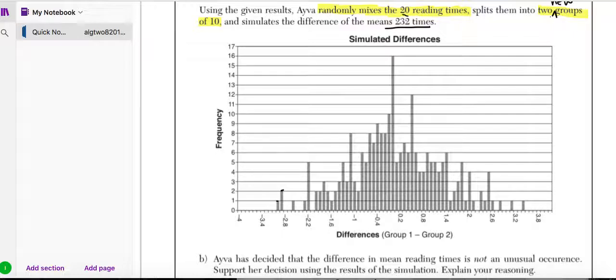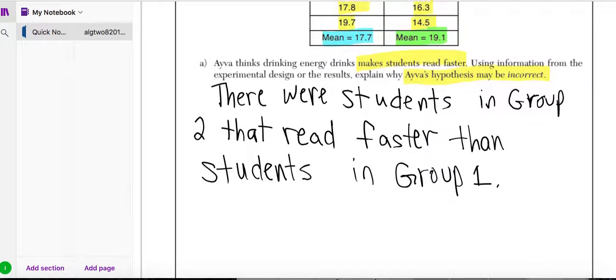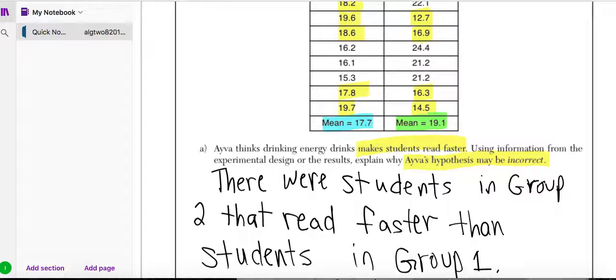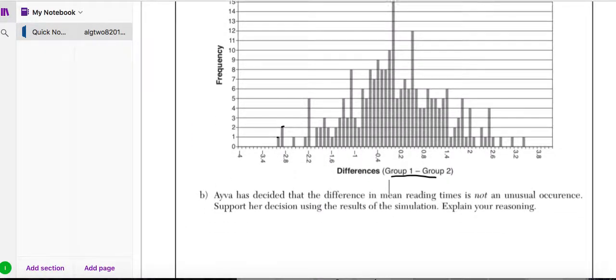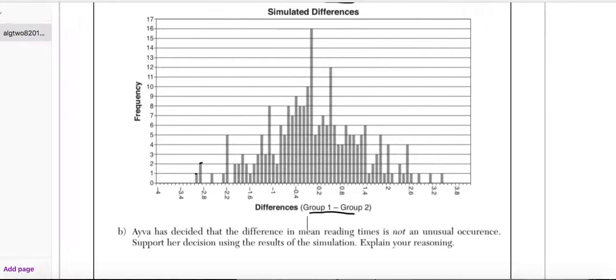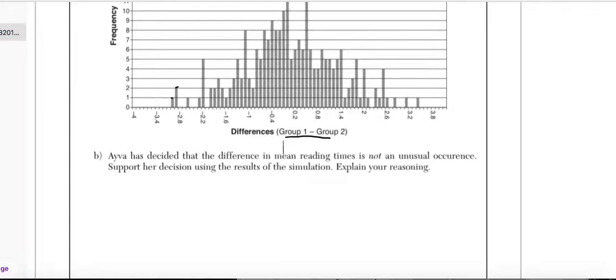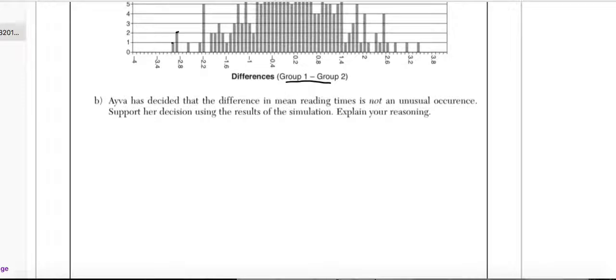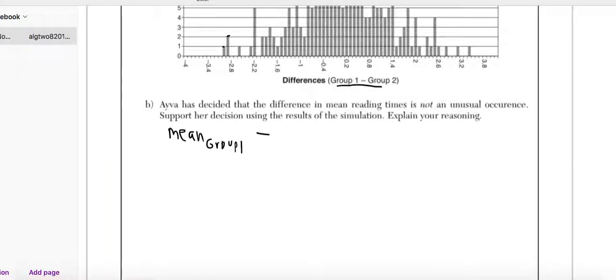So that's also important. So the difference of means, and it says group 1 minus group 2. So group 1, which was 17.7 seconds, and group 2, 19.1 seconds, right? So let's find out what the actual difference in means was first. I don't have space to do it here, so I'll just write here mean for group 1 minus, or there's a symbol, guys, for sample mean.